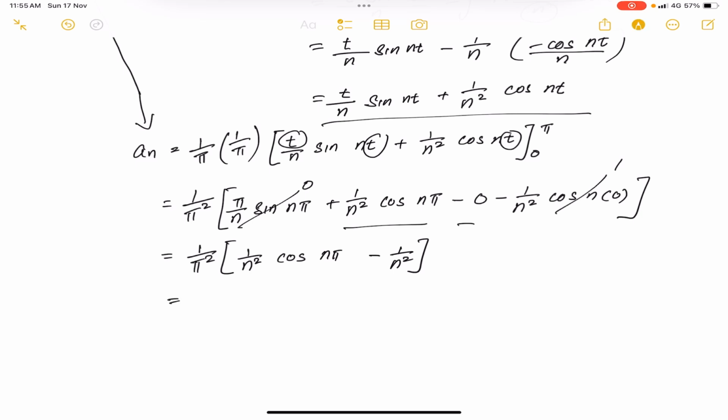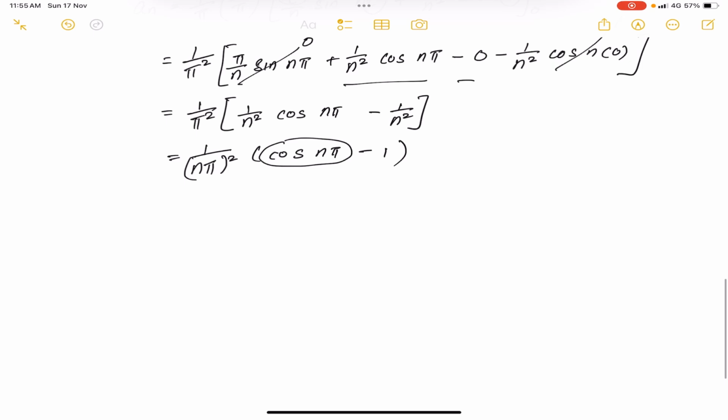So if you simplify, you can get 1 over n pi square cos n pi minus 1. So now for the n, you can test for the cos n pi here, from 1 to 4.